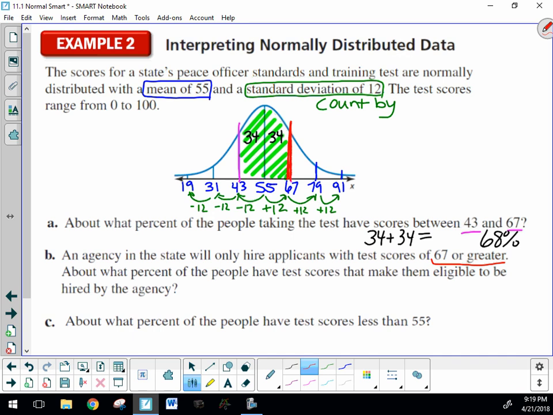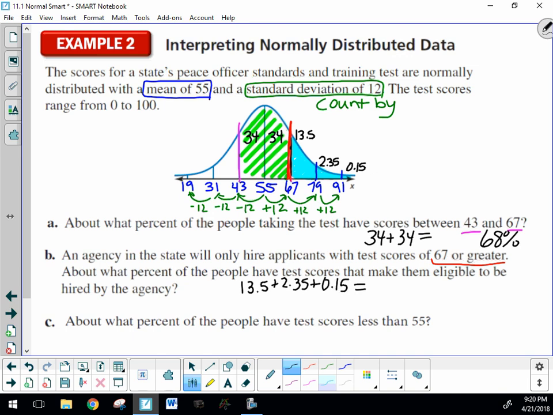So in this case, we are looking for the area of the curve that's over here, shaded in light blue. Well, if you remember those percentages, this first one 13.5, the next one 2.35, and the last one is 0.15. So we need to add those three sections together to get our answer.